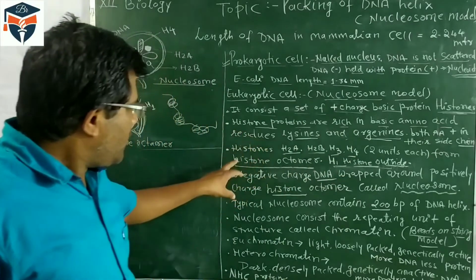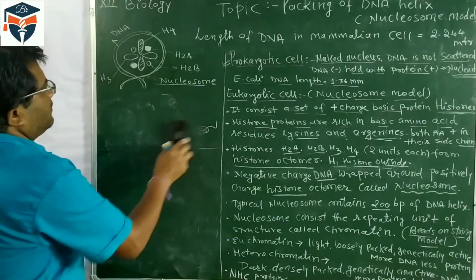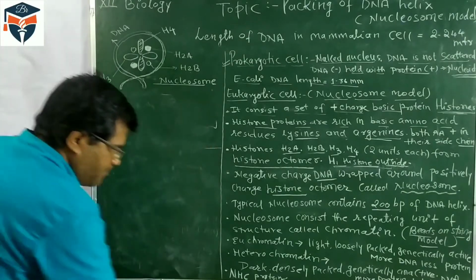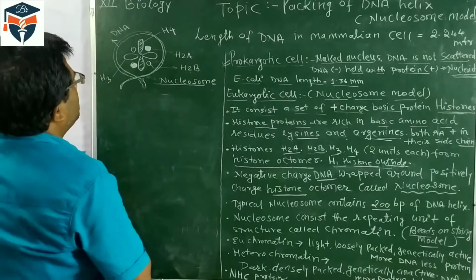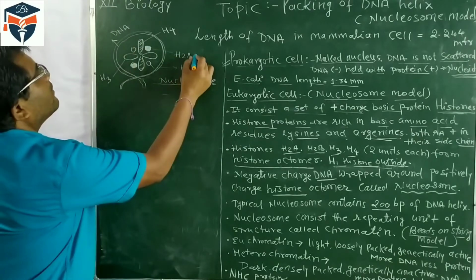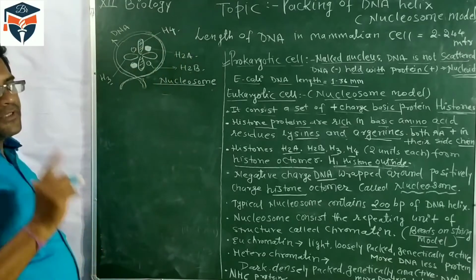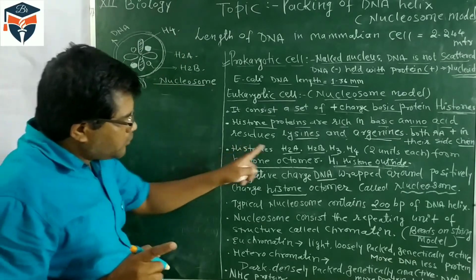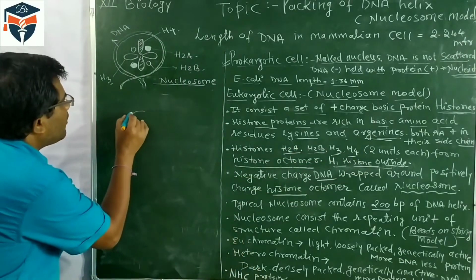As you can see in this diagram, these are 4 histone proteins, and each with 2 units they form the one octamer unit.